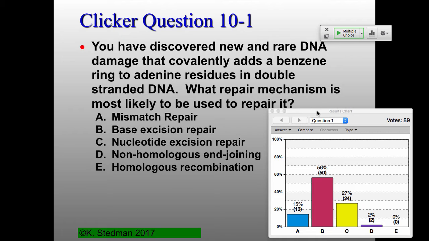It's going to really screw up the structure because of all the base stacking interactions that you have in there. So it's really going to mess with the structure of your DNA, and it's rare. So what do we think? C. Yes, and I would agree with you that C is the correct answer for this.